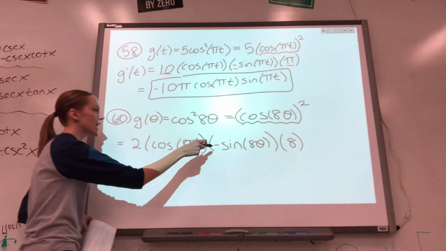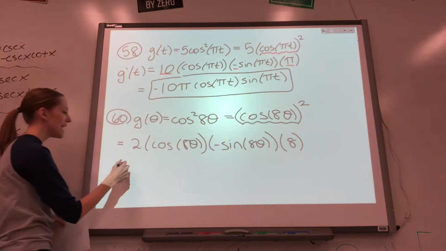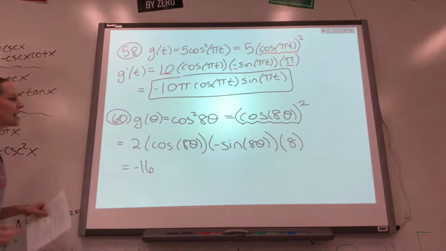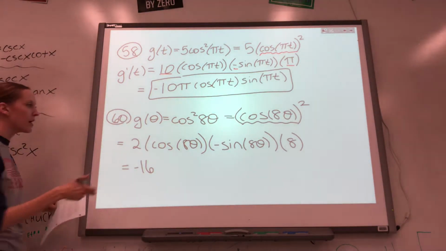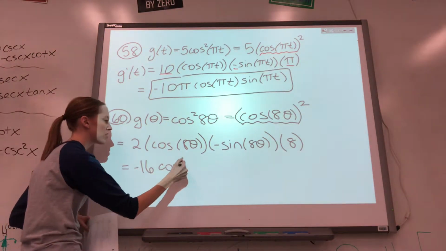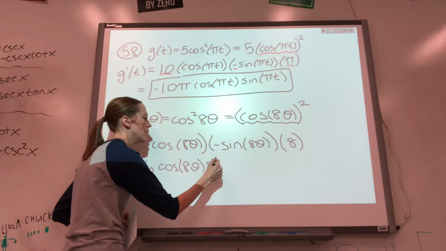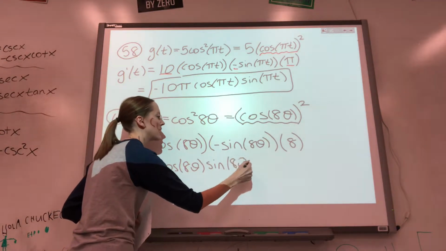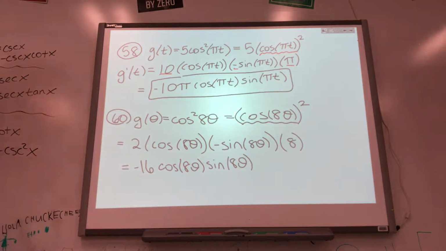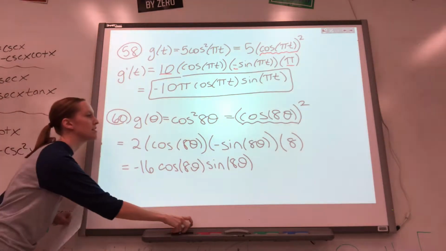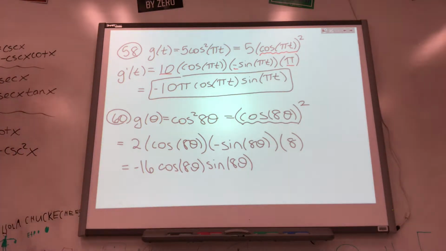So 2 times a negative times an 8 would make a negative 16 out front. And again, order doesn't really matter too much. You'll have a cosine of 8 theta times a sine of 8 theta. So 58 and 60 are pretty similar. Questions about those? All right, we're going through a lot here.